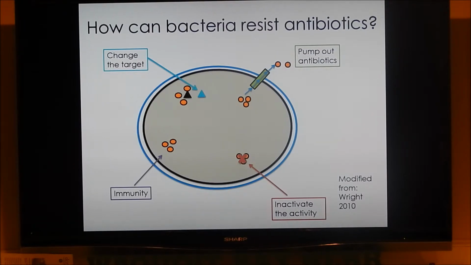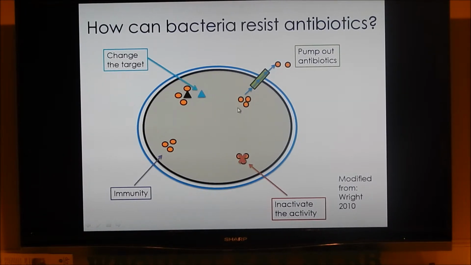So that's showing immunity. It's also possible that if the antibiotic, let's say, affects the black triangle, the cell could change the target from a black triangle to a blue triangle, and then the antibiotic wouldn't be able to affect it, so that allows them to resist the antibiotic.